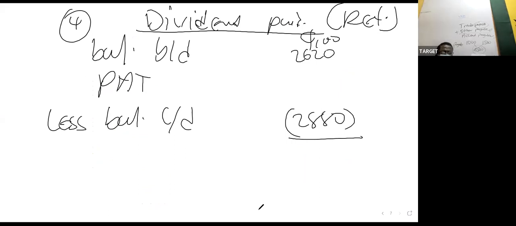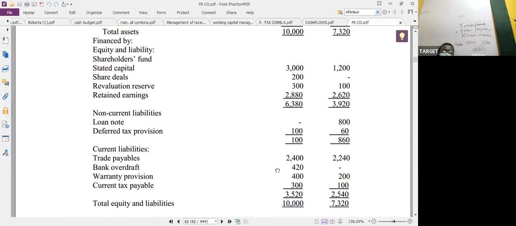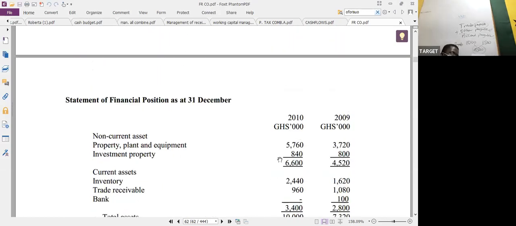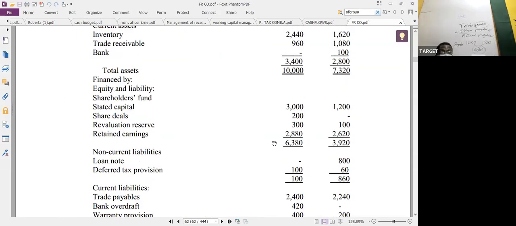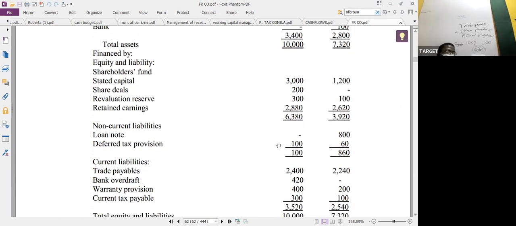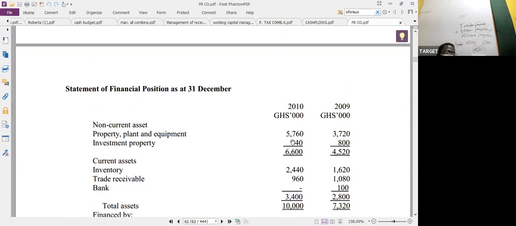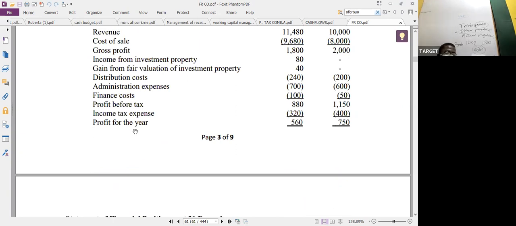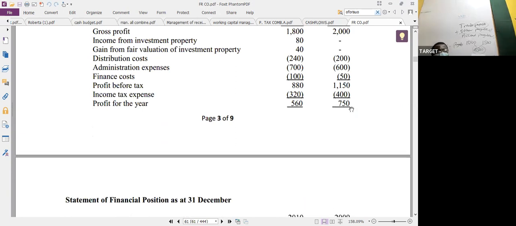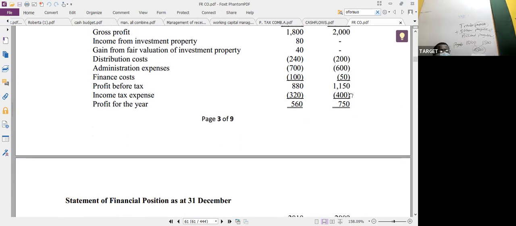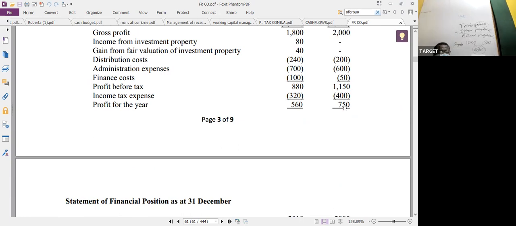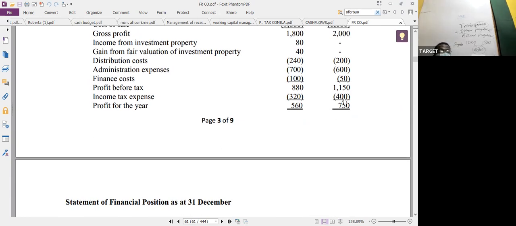If you check the video, I think I used a different method, right? That's how it will still be the same. I decided to change my handwriting small. What's the profit after tax? Which one should I pick? 750 or 400? Profit after tax is the same as profit for the year. 320?